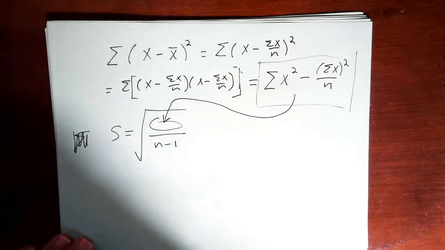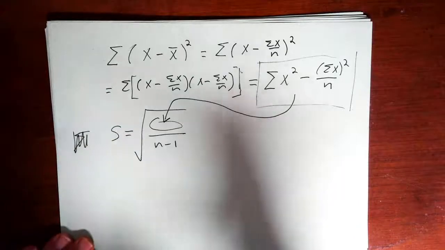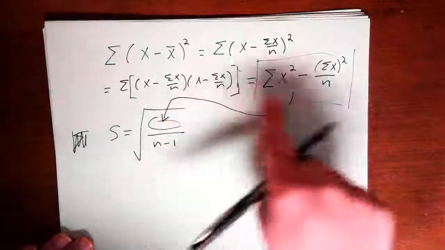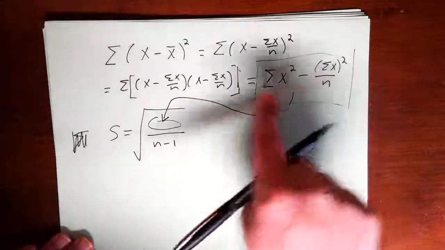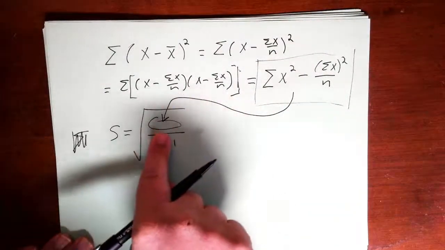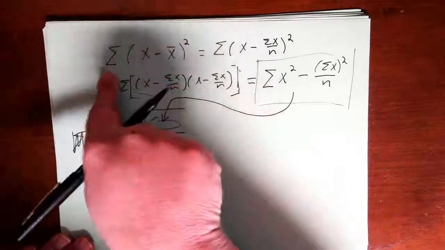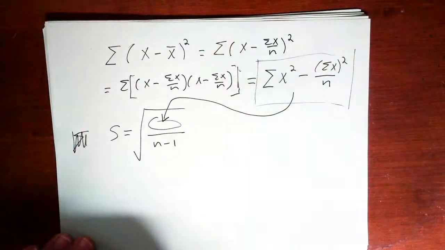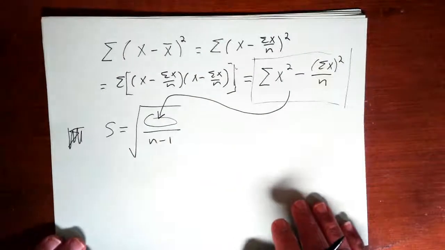I think I said the definitional formula earlier. I meant to say the computation formula. So basically the computation formula is just using this to plug in the circle, rather than this sum and the table that we did earlier to plug in the circle. That's really all the computation formula is.